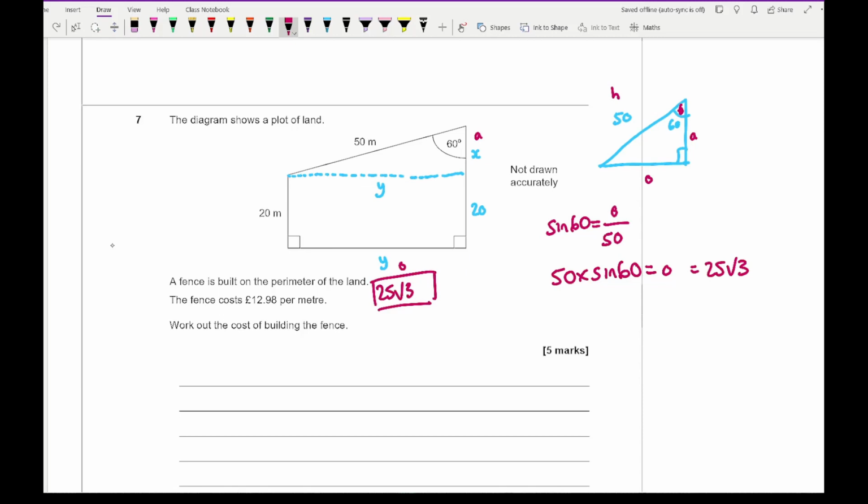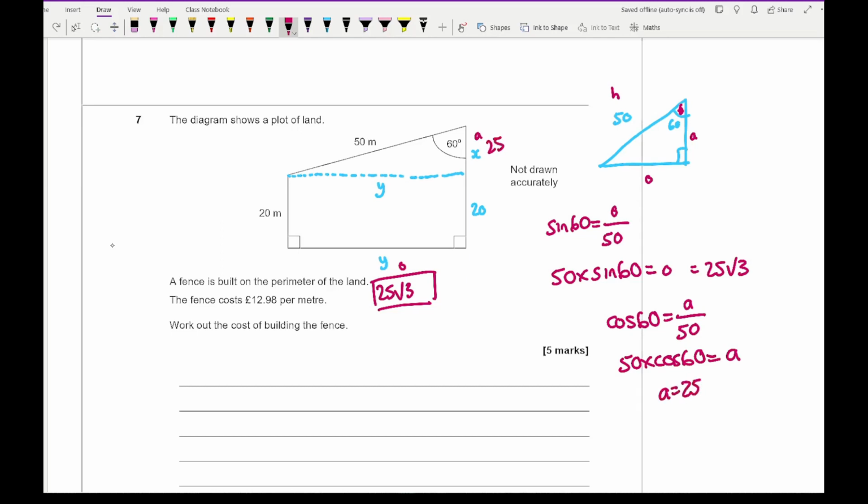And then to work out what A is, I'm going to use cos. So cos 60 equals A over 50. So 50 times cos 60 equals A. So 50 times cos 60 equals 25.